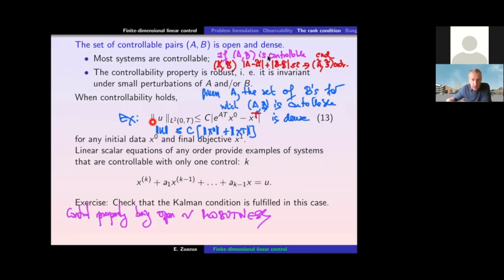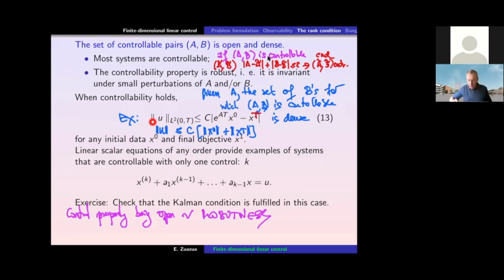So in other words, thank you, Ma. What this gap is, you see, this is the free solution. This is what we have written before. Exponential ATX0 is just the free solution of a control system in the absence of control, u equals 0.